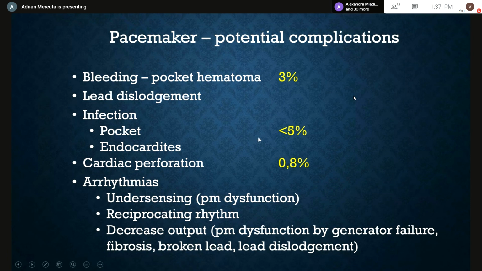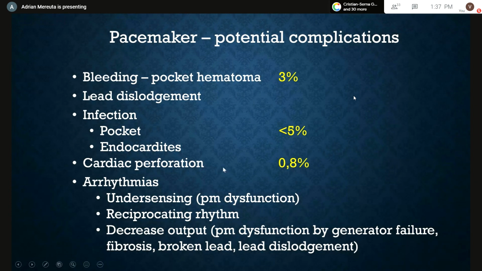Infection can be a pocket infection, that means under the skin where you put the generator, or it can develop an infection on the lead in the heart. We call it endocarditis, even though it's not on the endocardial layer, but on the lead itself, the catheter itself.